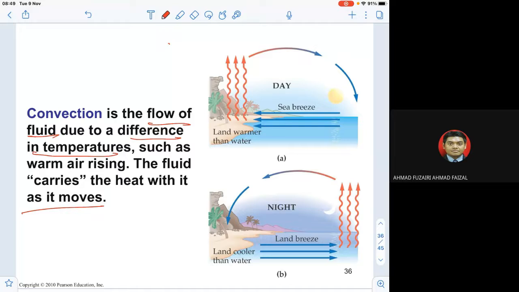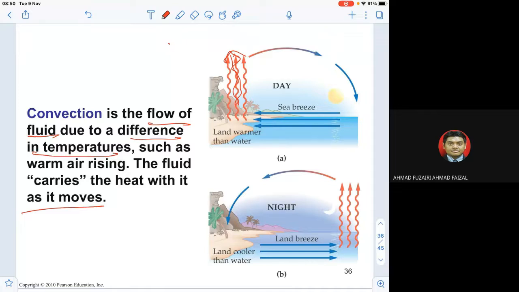When the land gets warmer, the warm air goes up because it loses its density, and the sea breeze will flow in to replace the warm air on the land that has gone to the top of the atmosphere.